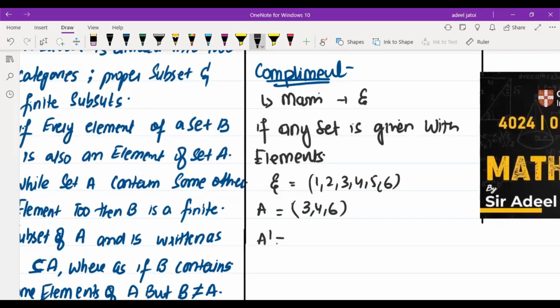Then your complement set will be all the other values than the normal set, that will be 1, 2, and 5. So your complement set contains all the other values than your normal set from the universal set.